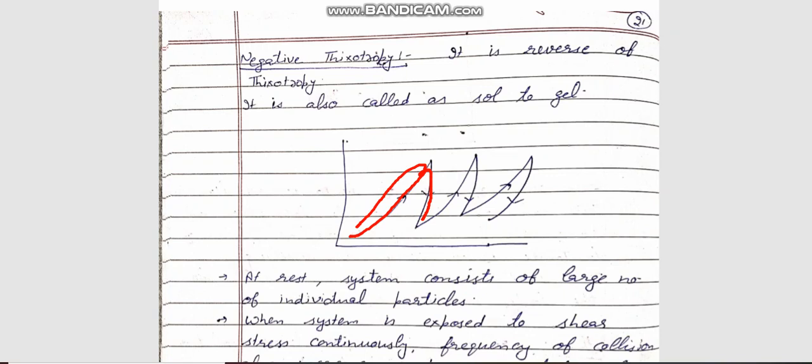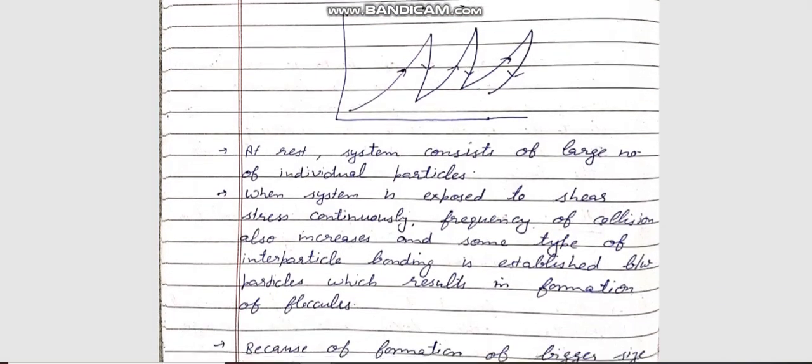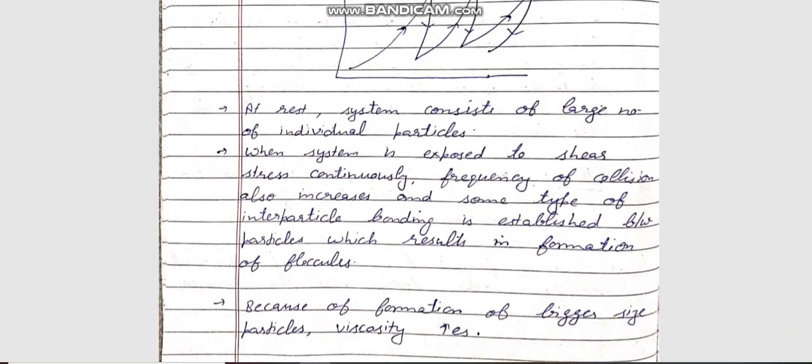At rest, the system consists of a large number of individual particles. When the system is exposed to shear stress, frequency of collision also increases, and some type of interparticular bonding is established between particles, which results in formation of flocks.